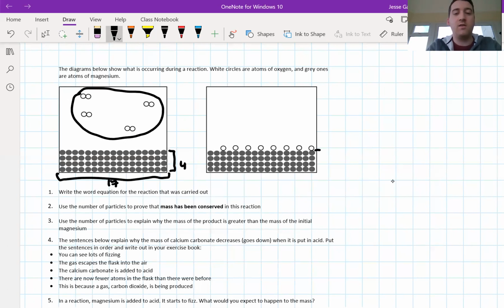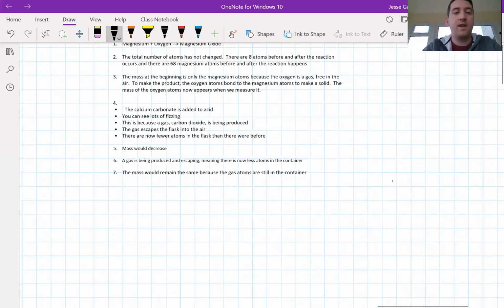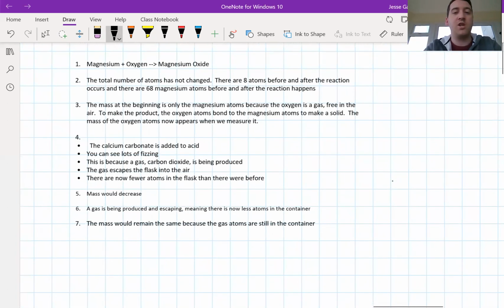When you count them here, they're still the same. Oh no, 68, sorry. 68, still 68, 4 by 17. And there are still the 8 oxygens. So what I've said here is the total number of atoms has not changed. There are 8 atoms, that should say, of oxygen.